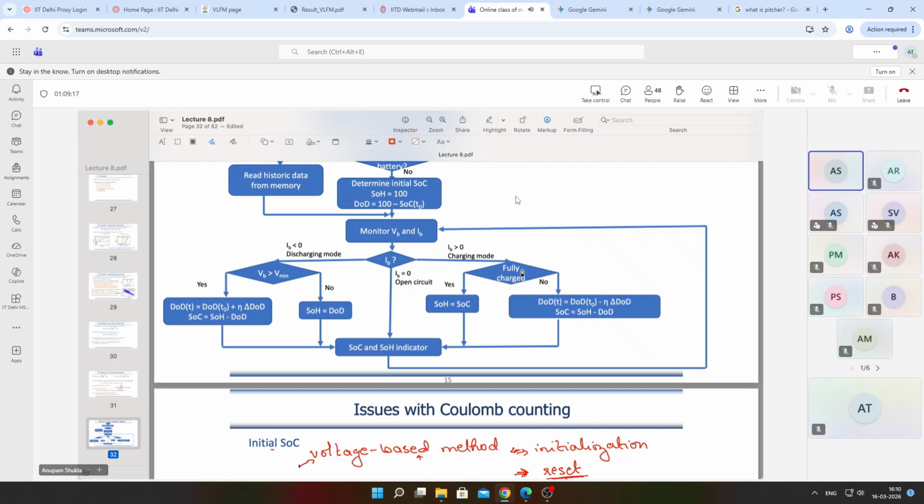For determining whether the battery is fully charged, remember it is not a simple question like whether the voltage of the battery is greater than some value or not. Okay. Here we have to use some additional logic: the voltage should be equal to the maximum cutoff voltage, and in addition we will see whether the current flowing is less than the threshold which is decided to indicate that the battery is fully charged.